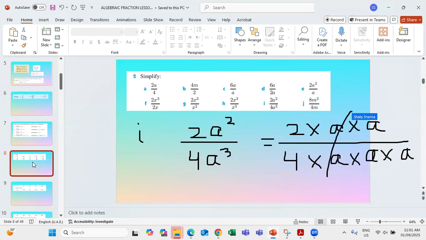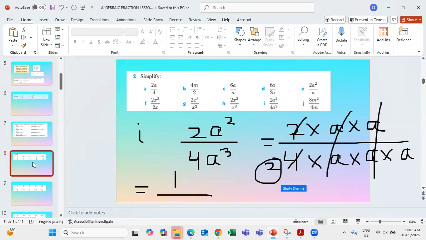So a's will be cancelled, another pair of a's will be cancelled, and 2 and 4 will be cancelled. So in the numerator nothing is there, so it's just 1 because 1 times 1 times 1. And in the denominator you have 2 multiplied by a, so this is 1 over 2a, that is the answer.